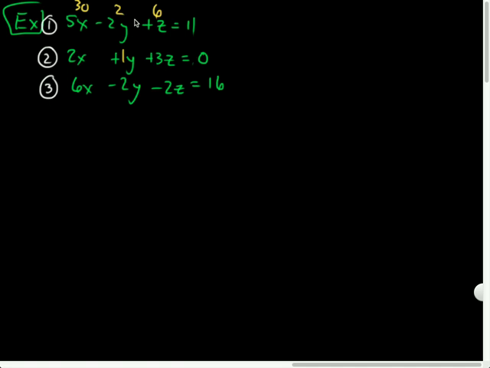So if I want opposite coefficients for the y's, what do I have to multiply equation 1 by? Well, it's already got the 2 portion. But since there are 3 of them, you can't make all of them opposite.